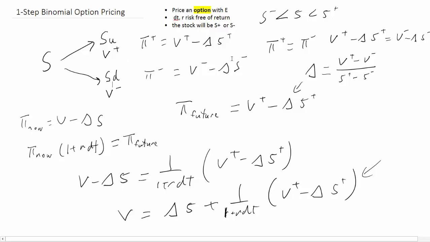So if I'm going to preserve this argument here, that S plus is bigger than S and S minus is smaller, then that must mean that the down number is less than 1 and the up number is greater than 1, and all these numbers should be positive.